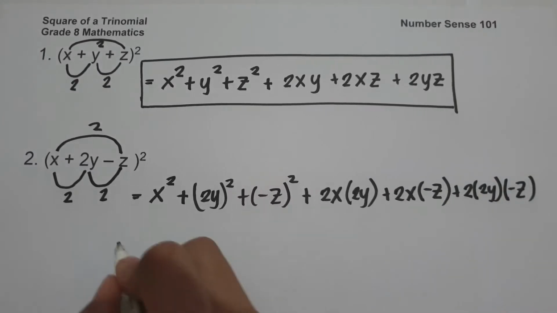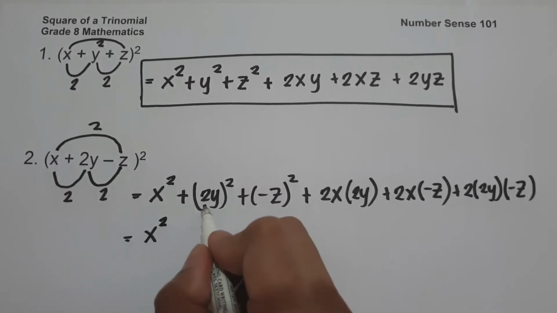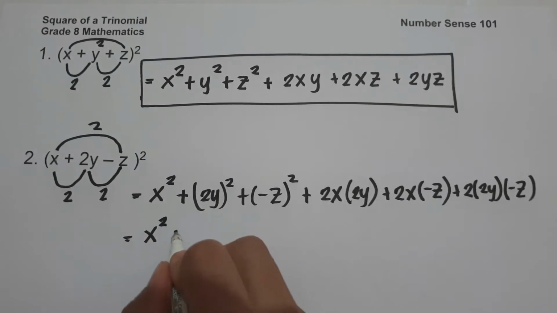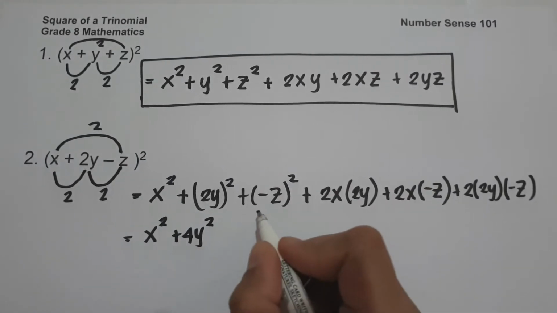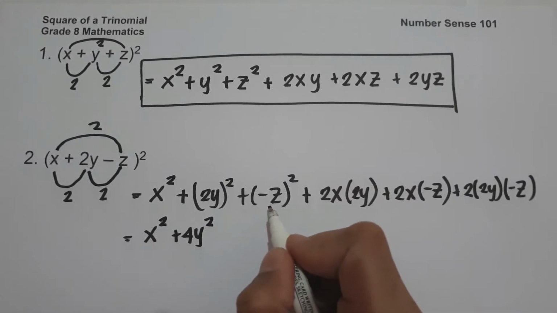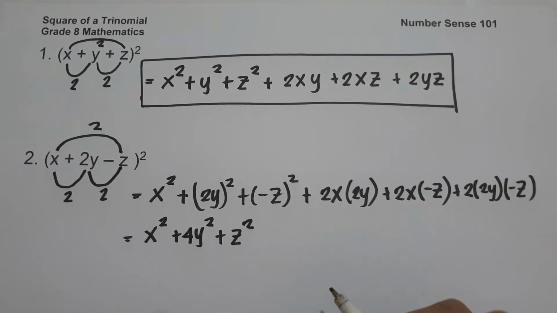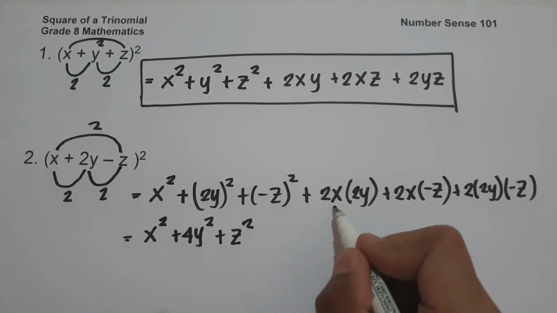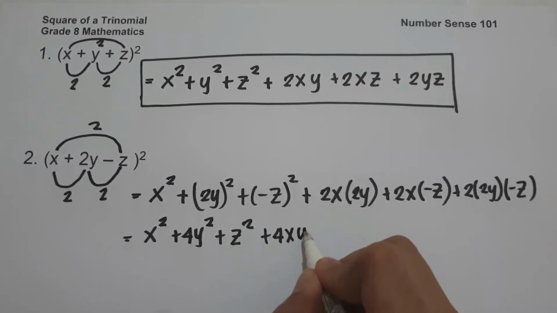And to simplify, this will be x squared and then 2y raised to 2, that is 4y squared. And then we have negative z raised to 2, that is positive z squared. And then we have 2x times 2y, that is 4xy.